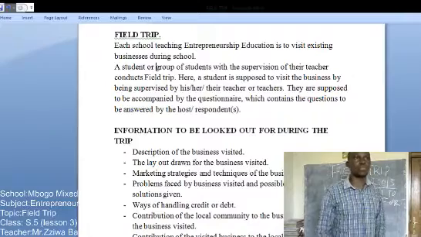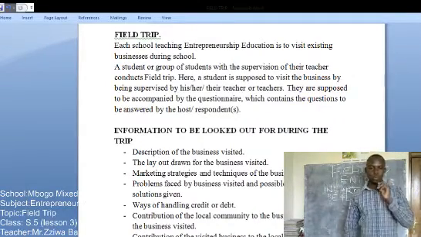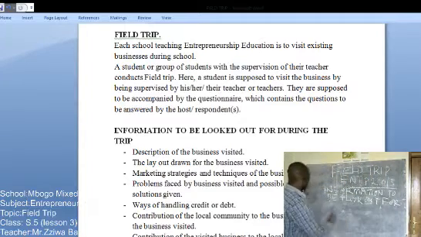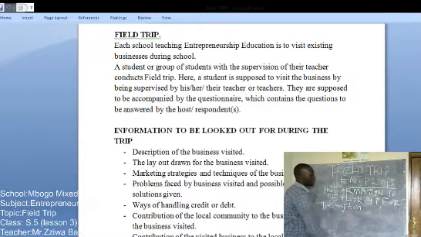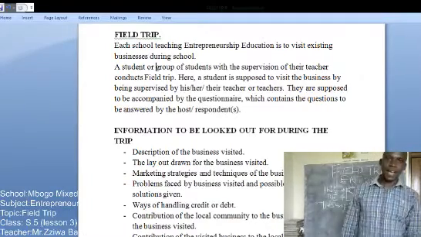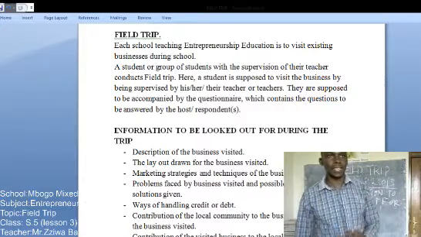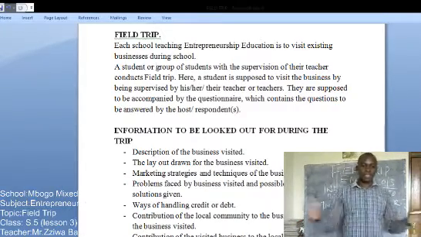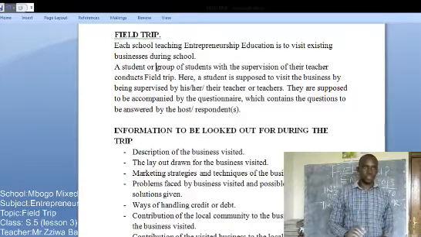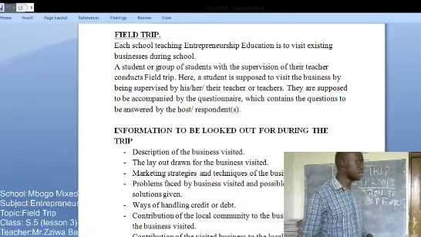Here we talk about quite a number of issues. The first component to put in mind is the general description of the business. Where we are heading to, I'll give you each component in a detailed format. But let us first outline the key issues one must note when visiting a given business.